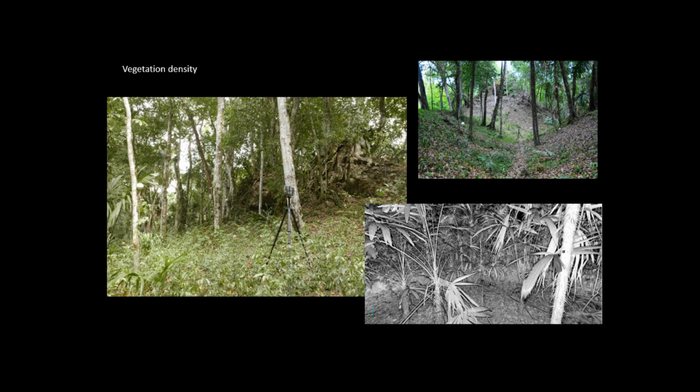This is because the park is sometimes cleaned by workers from the national park, so the main areas are regularly cleaned. But the site is also surrounded by high vegetation density, which we can see here.